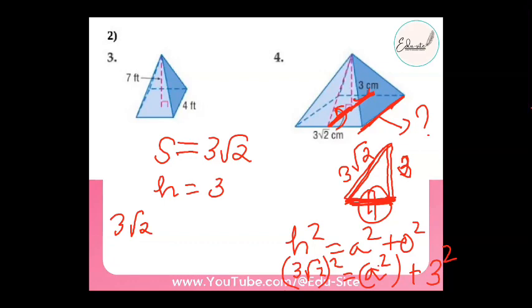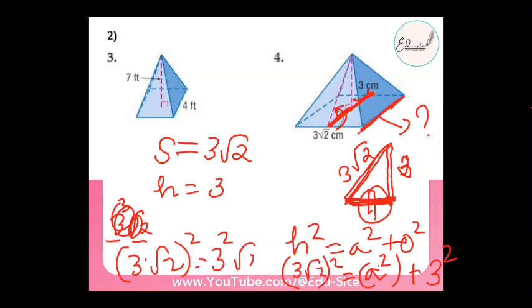Okay, how will you do this? Actually, whenever you have something like 3 root 2 whole square, you're going to add squaring for each one. So it becomes 3 square and root 2 whole square. So root 2 and square actually cancel out.